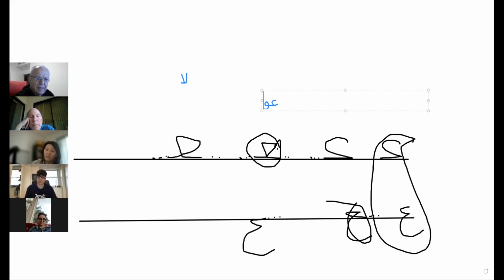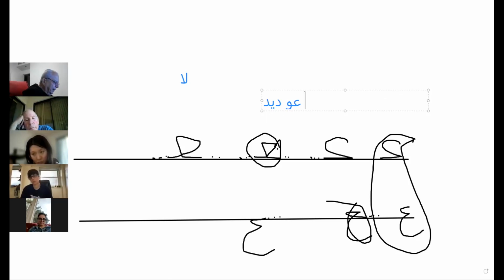The keyboard itself has enough knowledge to know how to write the letters and how they change with respect to the position of the letter in the word. We started as if I'm just writing the letter ayn, but once it found out that there's a letter behind it, it changed the way it's written. This is my name. Now let me show you what happens in the middle. For instance, we have ba'atha.